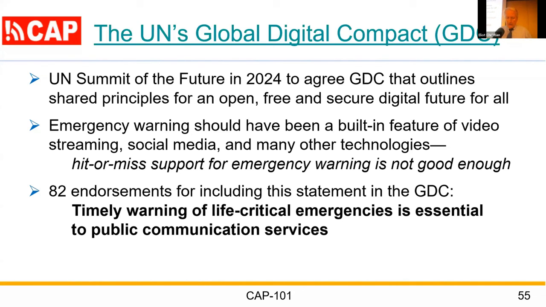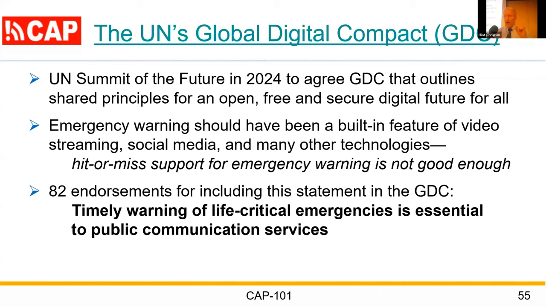Its goal is to outline shared principles for an open, free, and secure digital future for all. The CAP community compiled 82 endorsements of our input to the GDC. That input says to include this sentence. It's just one sentence of input.